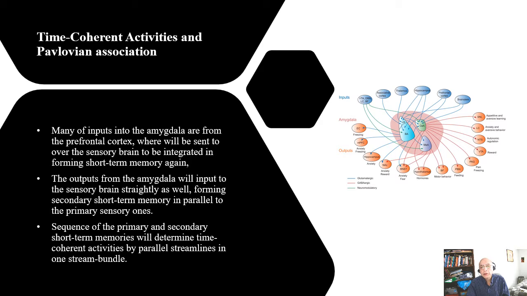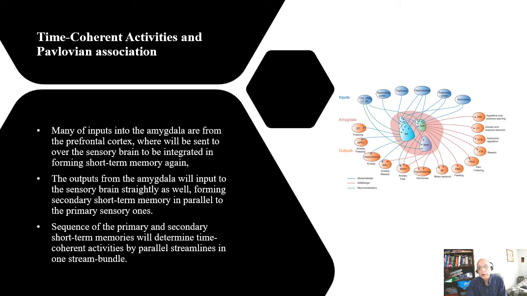These inputs will be outputted again to the sensory brain to integrate in forming short-term memories. The output from the amygdala, from all other brain parts also, may be submitted straight to the sensory brain, forming the secondary short-term memory.